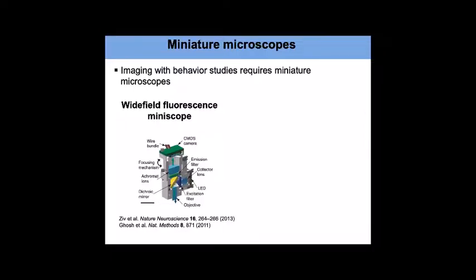Basically, when we're trying to miniaturize these microscopes, the engineering becomes a bit challenging, but we still try to do it. On the left is the classic one-photon wide-field fluorescence microscope, where you basically have an LED light source, a dichroic mirror, and a camera.